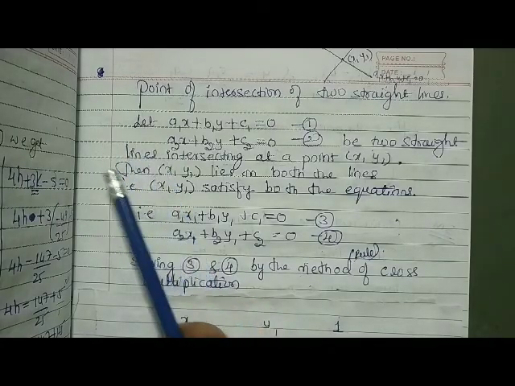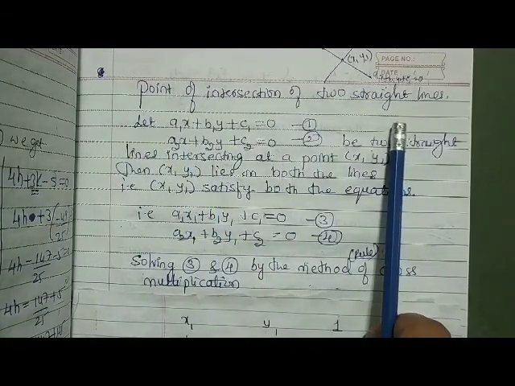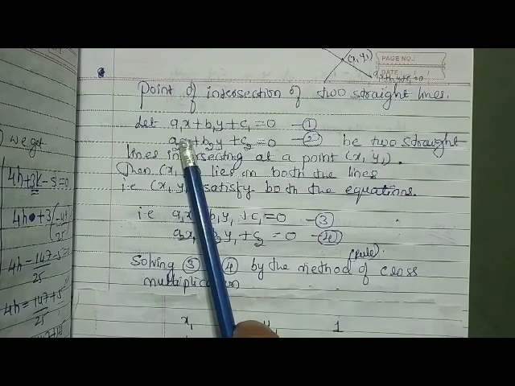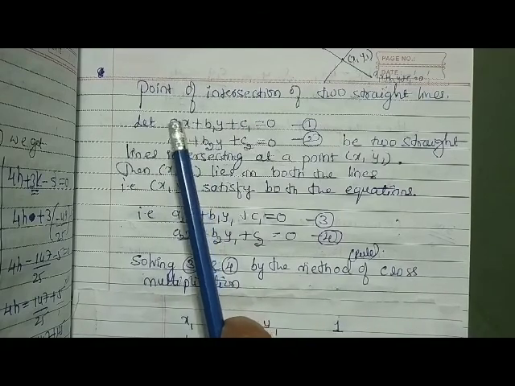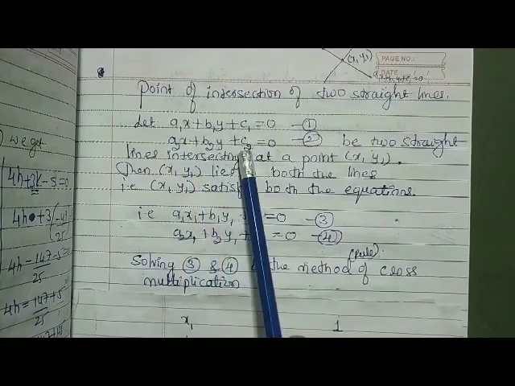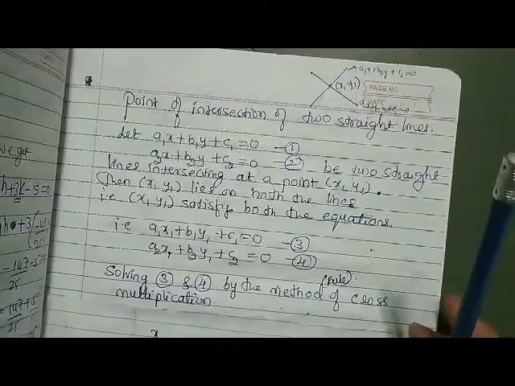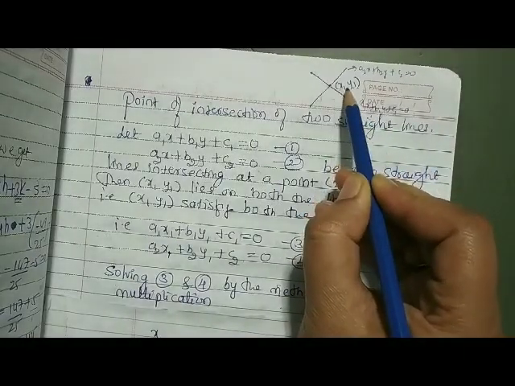Now coming to the topic, that is the point of intersection of two straight lines. Consider two lines in the form of a1x plus b1y plus c1 is equal to 0 and a2x plus b2y plus c2 is equal to 0. So these two straight lines intersect at the point x1 y1.